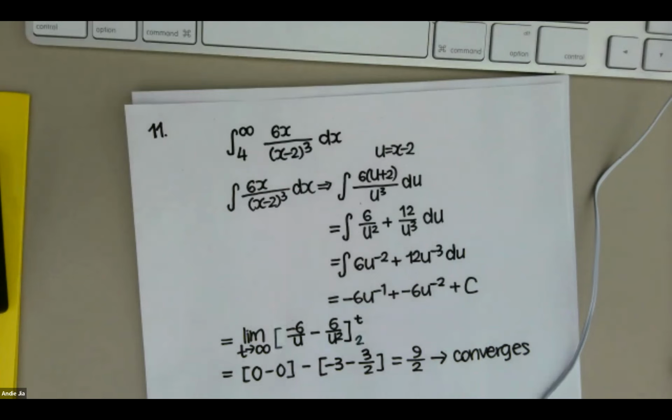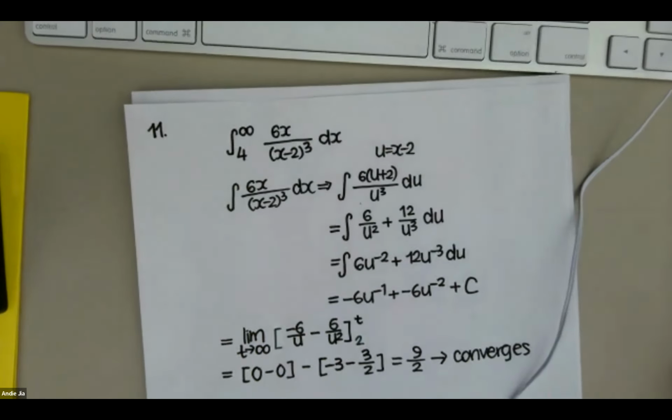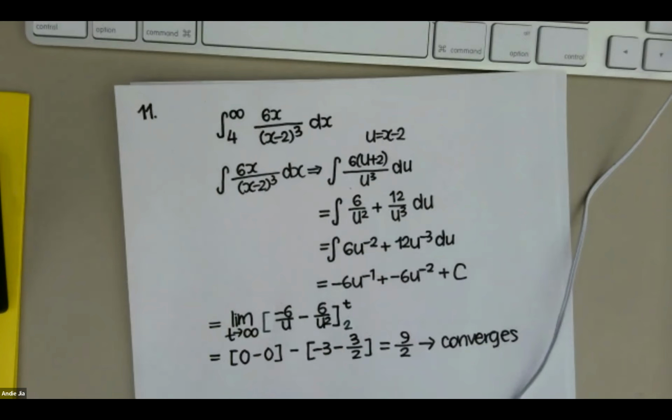Does this make sense to you guys? Feel free to ask me questions. So we all good? Andy: Yeah, just wondering, is it possible to do this example with the comparison test?